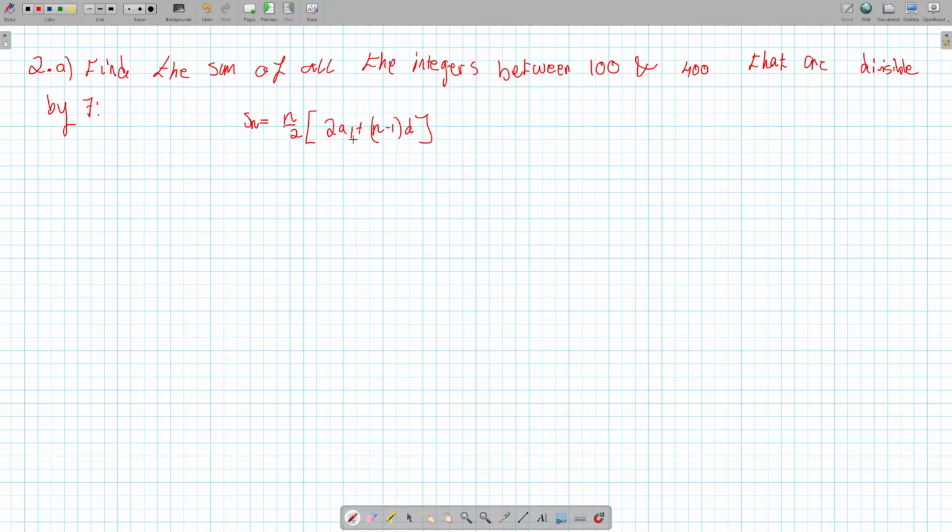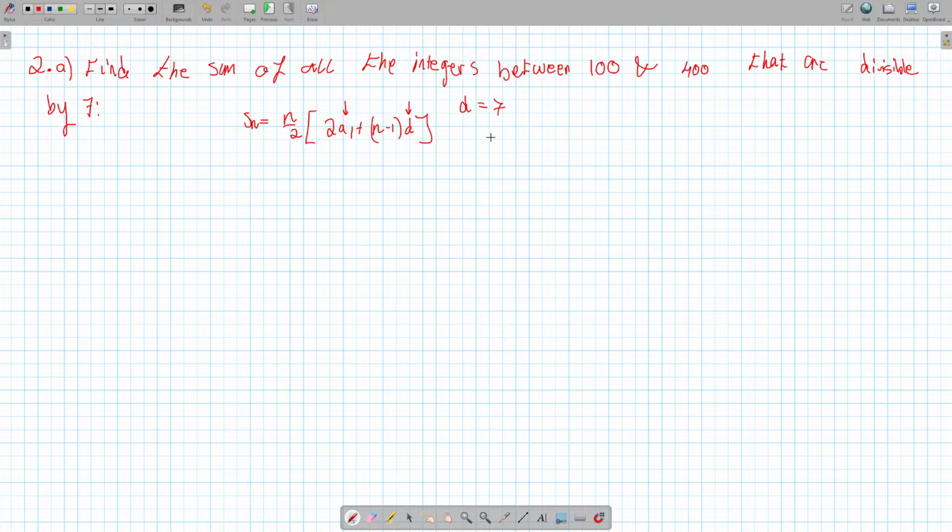We need to find two things at the start. What's my first number divisible by 7, and what's the constant difference? Without any question, your constant difference will be 7, because between every number that's divisible by 7 there are obviously 7 units. So for these types of questions your constant difference will always be 7.